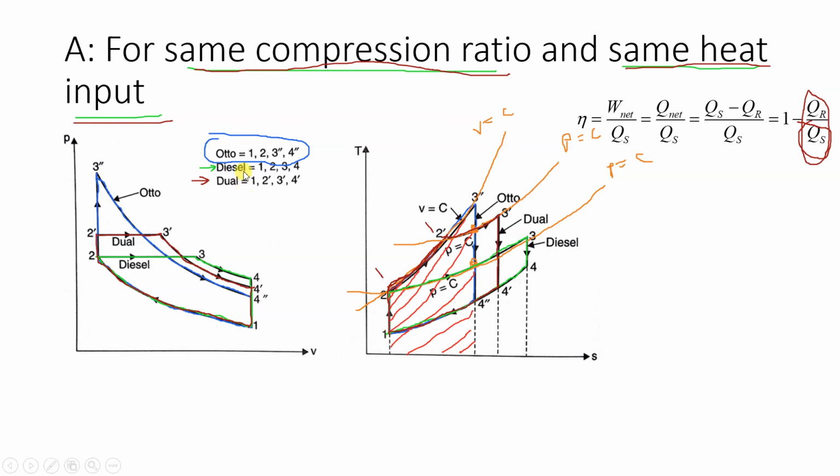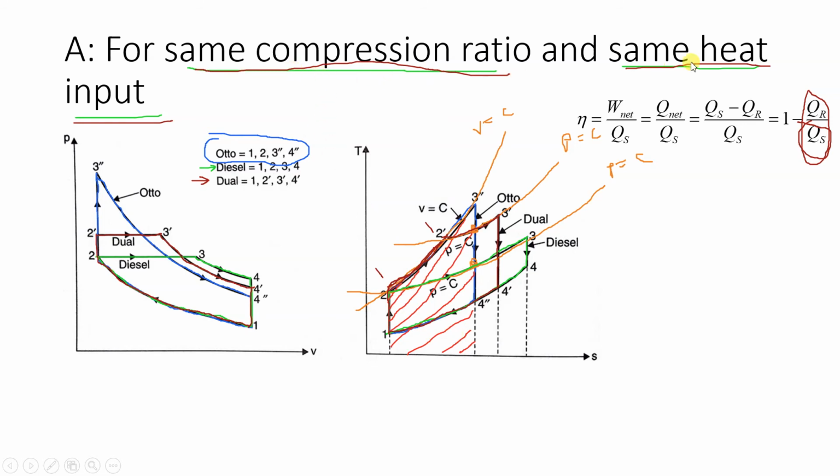If you consider the diesel cycle, in that case the area will be under the 4-1 curve. And if you consider the dual cycle, the area will be under the 4-1 curve. So heat rejection is smallest in case of which cycle? In case of the Otto cycle for these conditions.